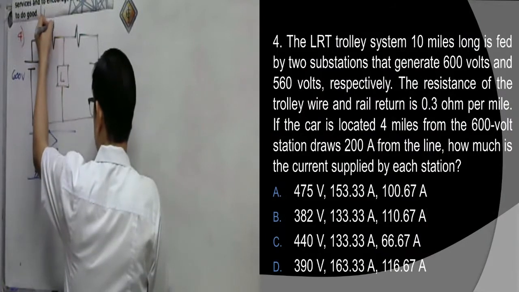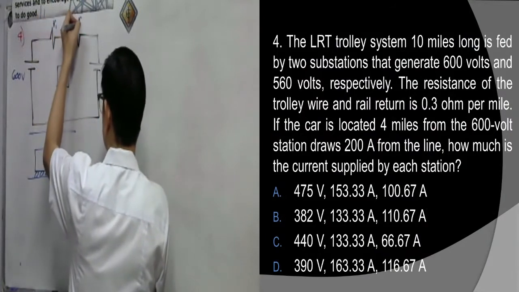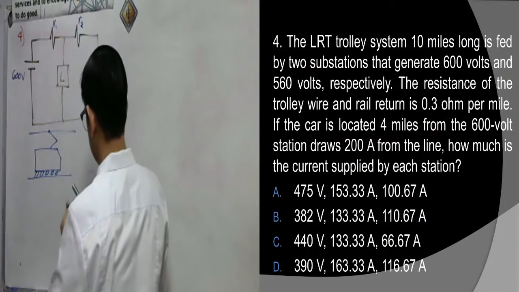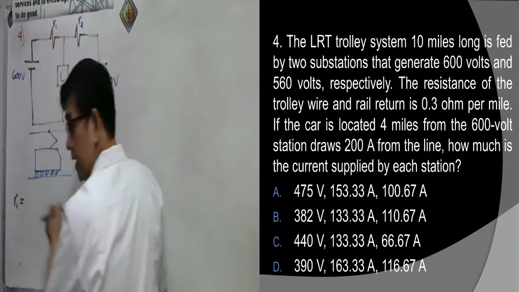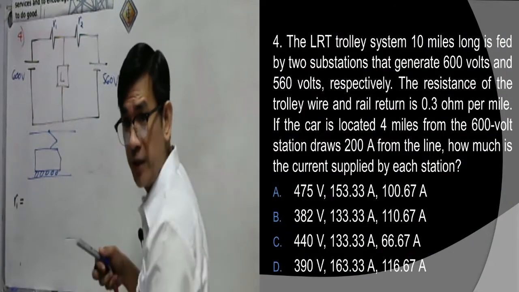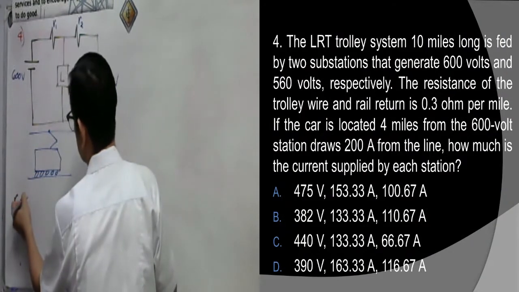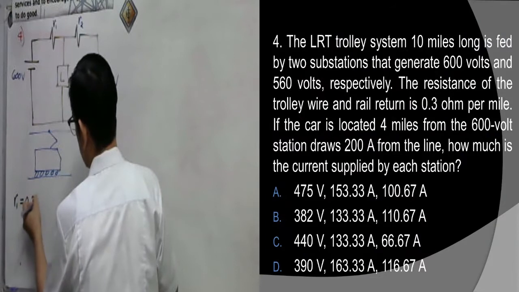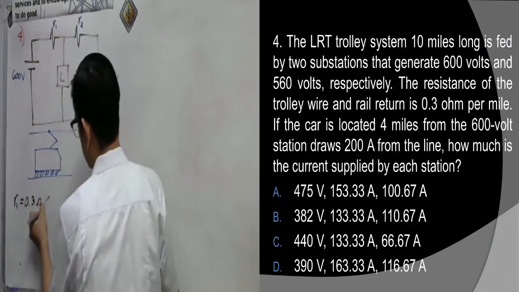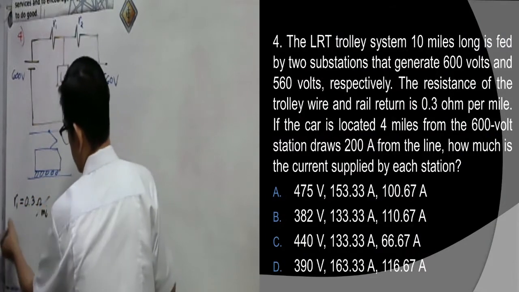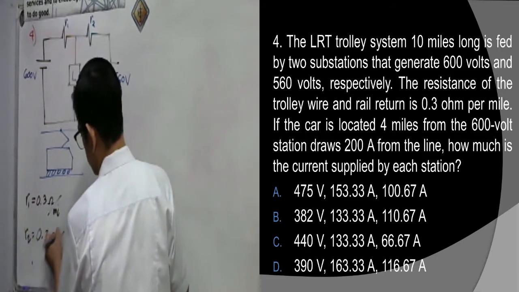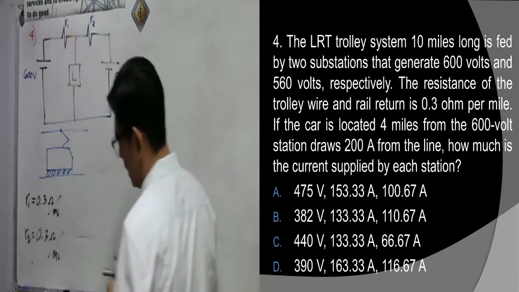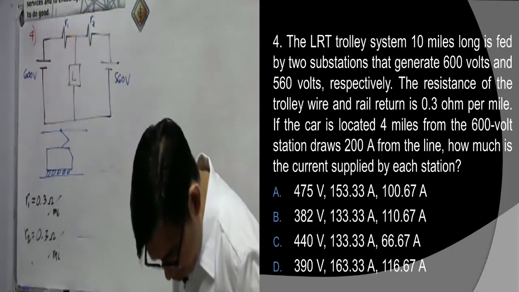Let's see. We have here R sub 1 and here R sub 2. For R sub 1, we have 0.3 ohms per mile, and for R sub 2, still 0.3 ohms per mile. They are both 0.3 ohms per mile.